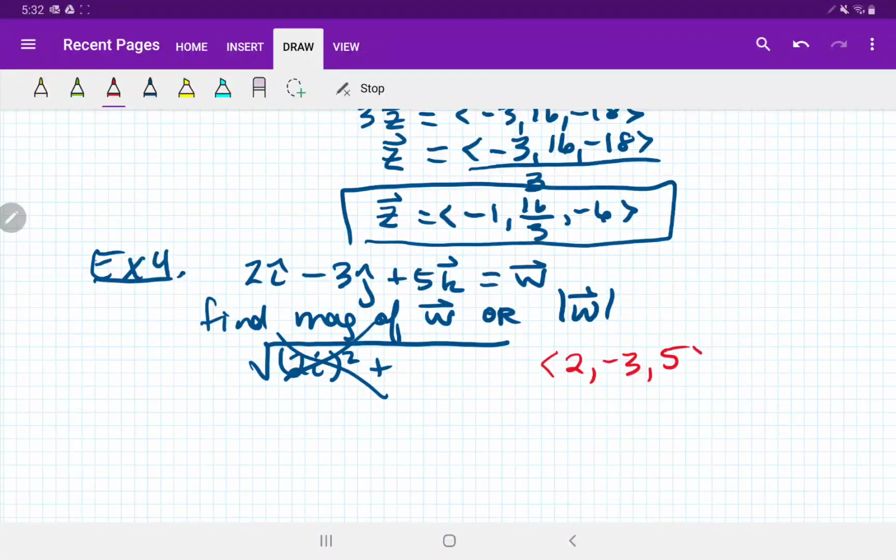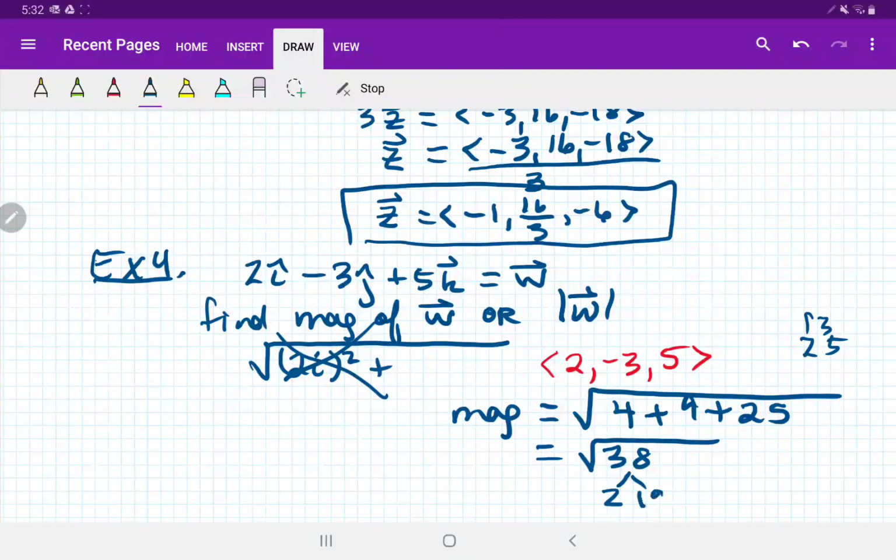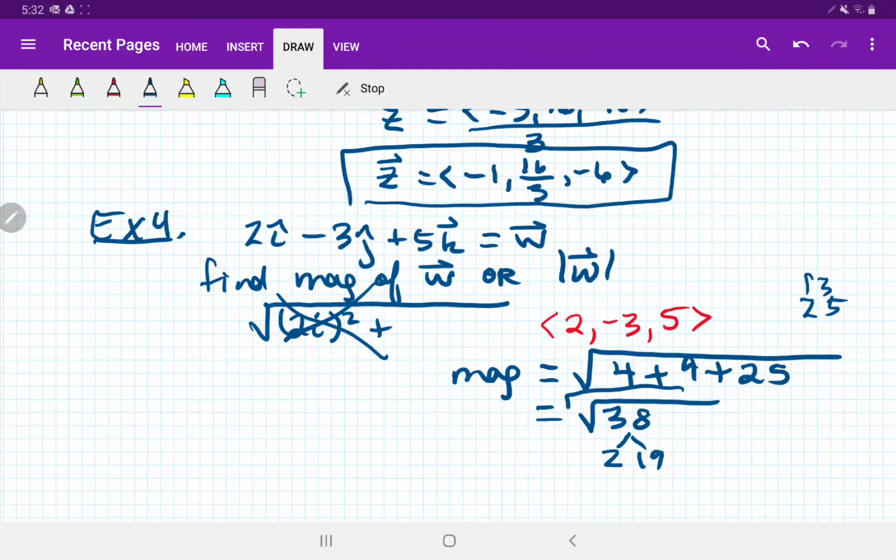So the i, j, and the k are really just placeholders. Okay, so the magnitude is nicer from component form. So 4 plus 9 plus 25. You can just square them each. And then that's the square root of what? 13 plus 25, which is 38. Okay. And then can you simplify that to 19? Yeah, nothing comes up. So that's the magnitude.